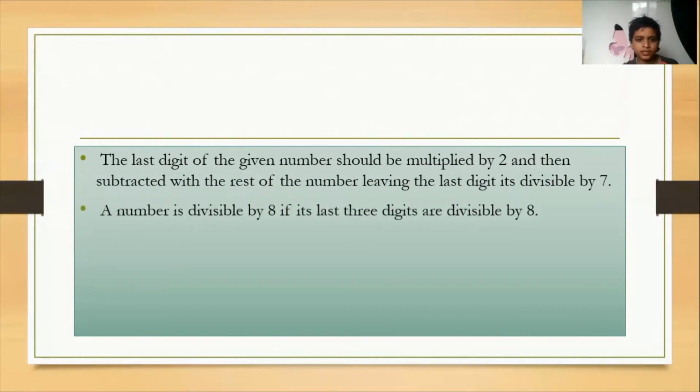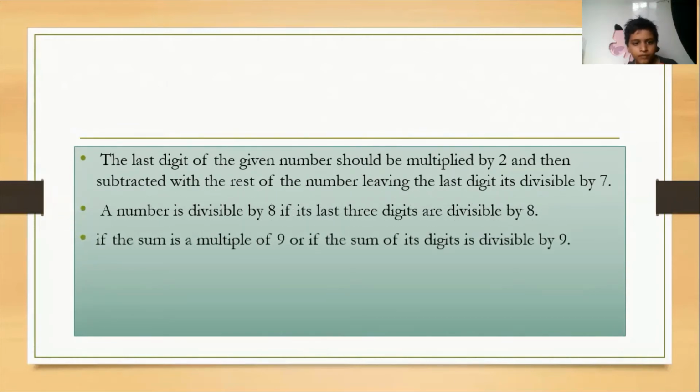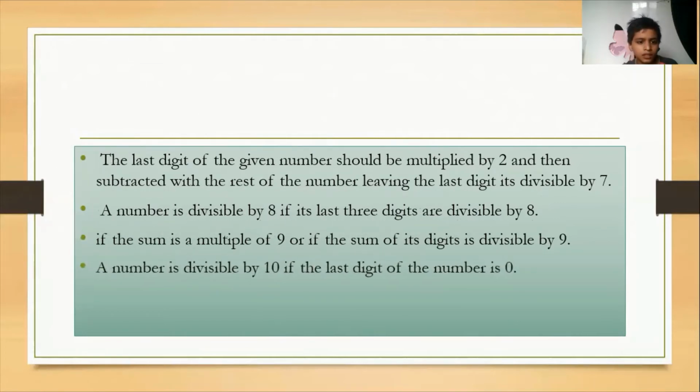A number is divisible by 8 if its last 3 digits are divisible by 8. A number is divisible by 9 if the sum of its digits is divisible by 9. A number is divisible by 10 if the last digit of the number is 0.